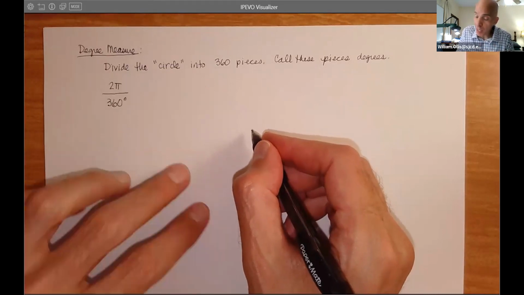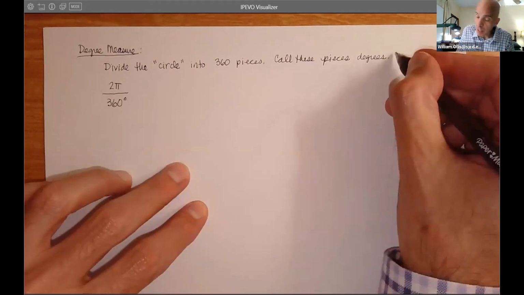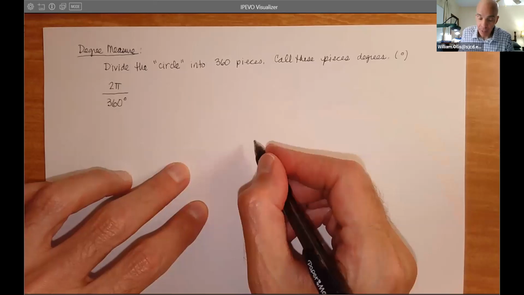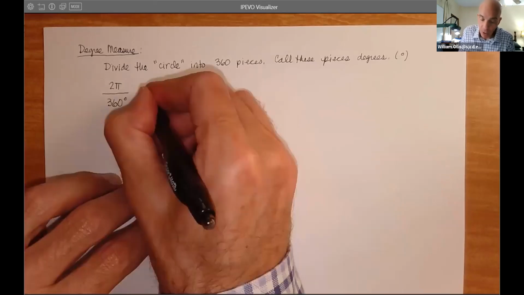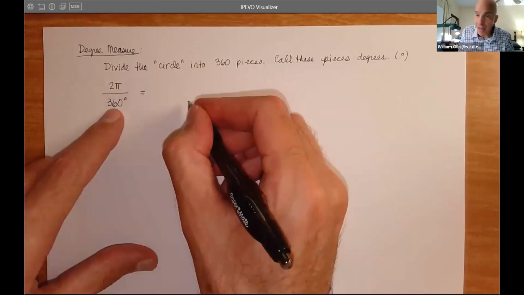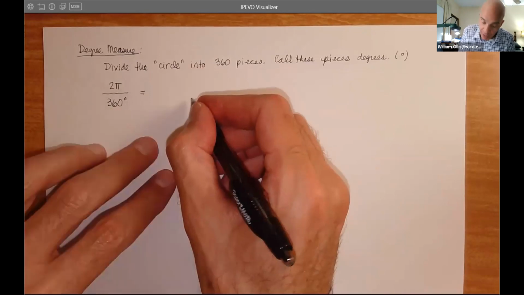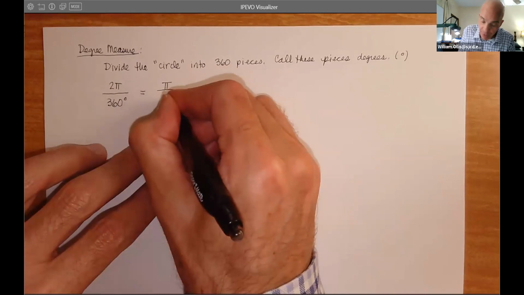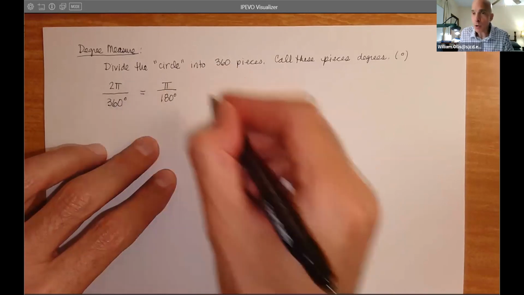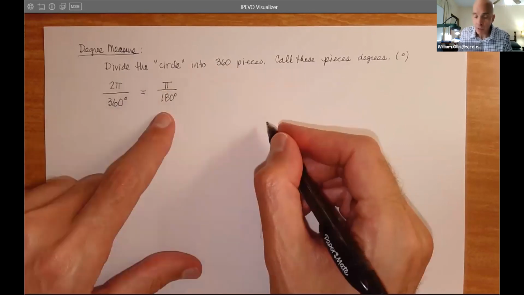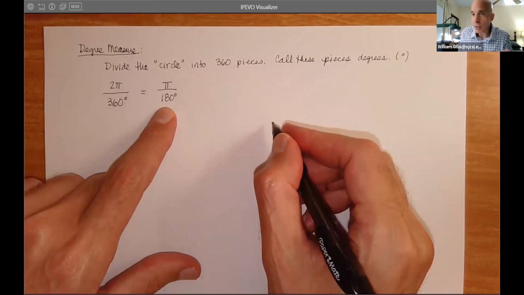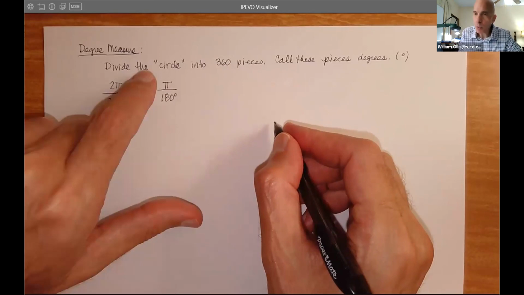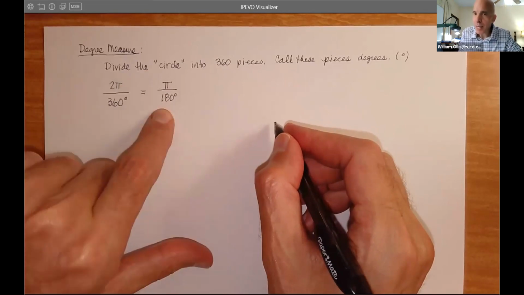And then you're thinking, okay, well, 2 will divide the 360 to give us 180. So somebody was at least smart enough to divide the circle into values that were user-friendly. So we're going to see that pi radians will be equivalent to 180 degrees.